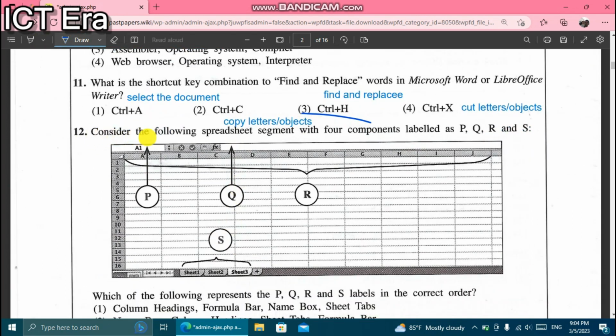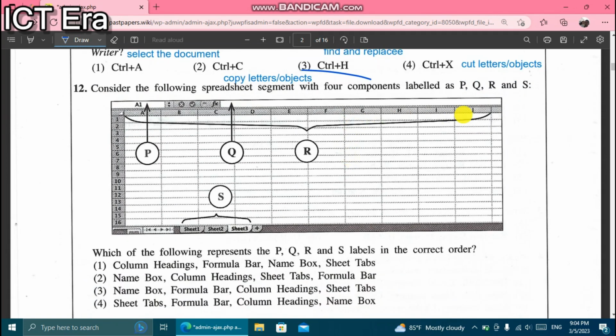Then the 12th one: consider the following spreadsheet segment with 4 components labeled as P, Q, R and S. Which of the following represents the P, Q, R and S labels in the correct order? P should be the name box. Q is the formula bar.